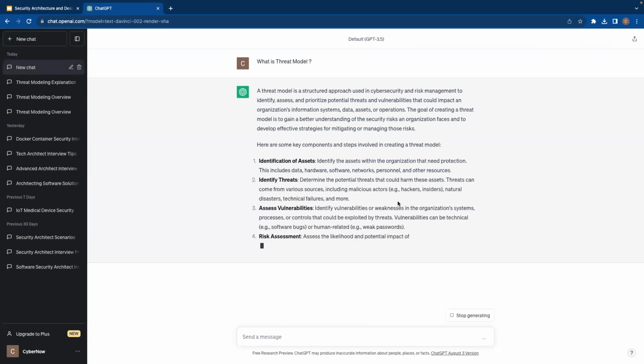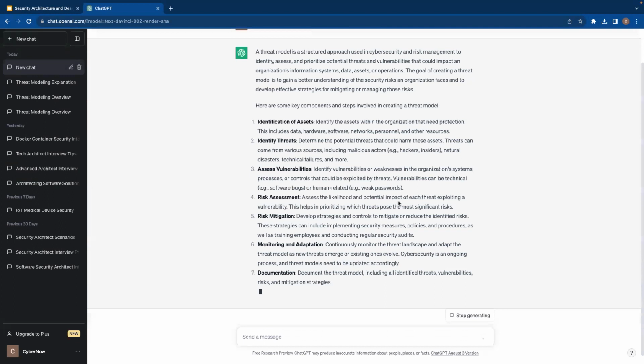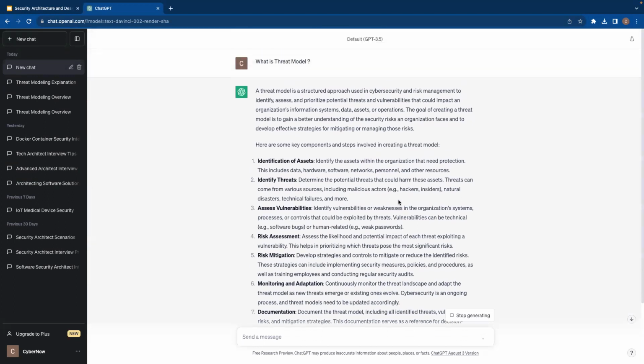ChatGPT says a threat model is a structured approach used in cybersecurity and risk management to identify, assess, and prioritize potential threats and vulnerabilities that would impact an organization's information systems, data, assets, or operations. The goal of creating a threat model is to gain a better understanding of the security risks an organization faces and to develop effective strategies for mitigating or managing those risks.